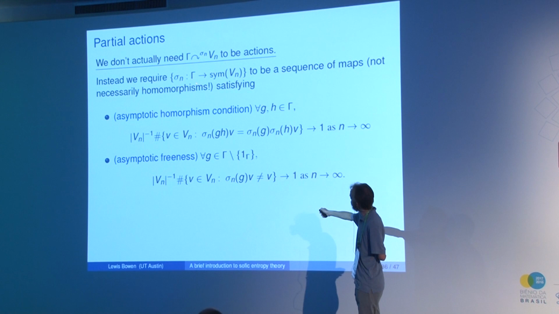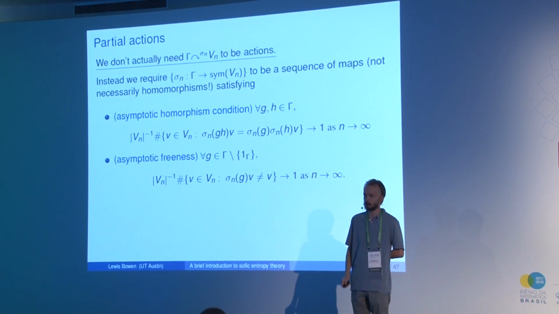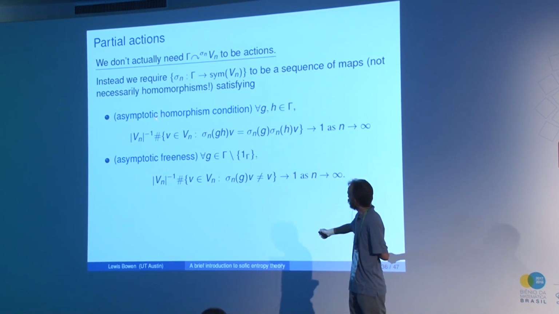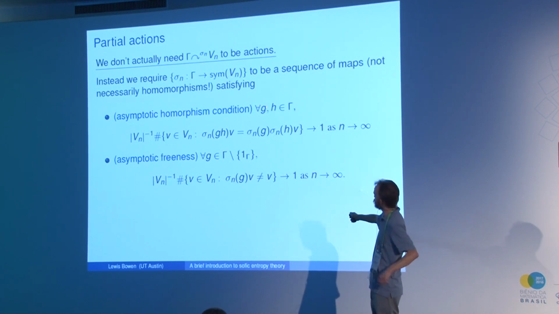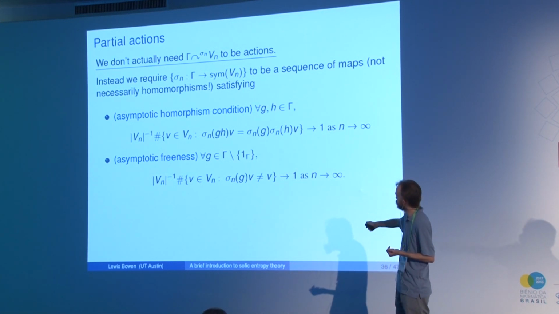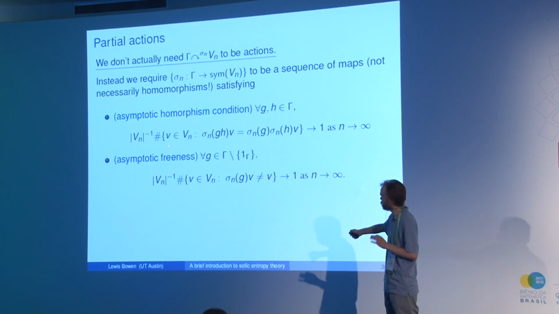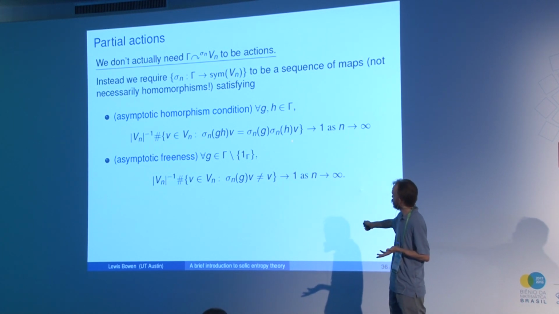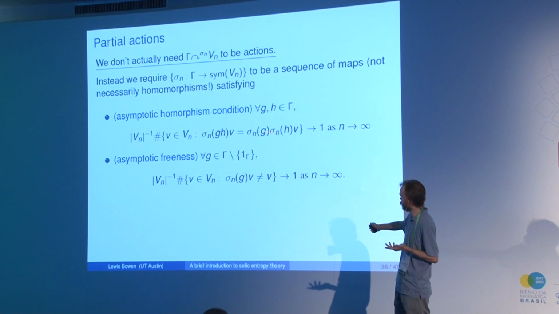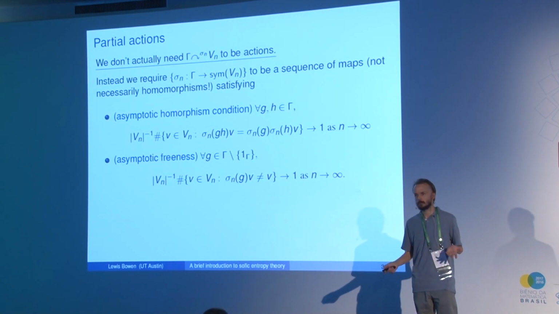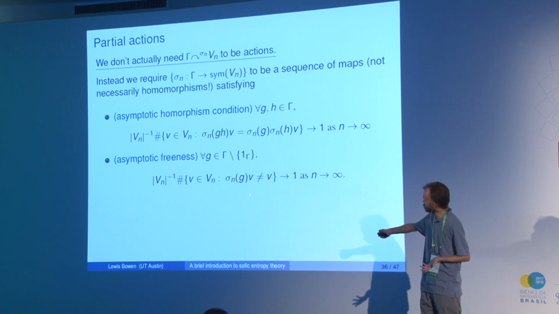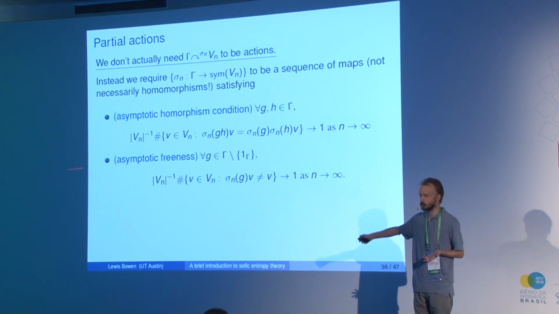We need maps from gamma into the symmetric group, which are asymptotically homomorphisms, in the sense that if we fix two elements G and H in gamma, then the fraction of vertices where the homomorphism equation is satisfied tends to 1. That's all we need. We still need asymptotic freeness, which is the condition that we saw previously.